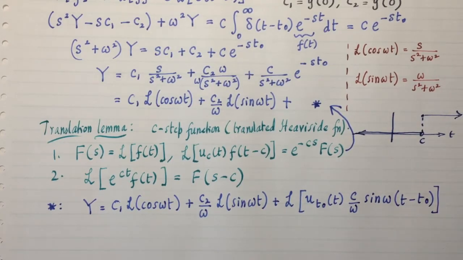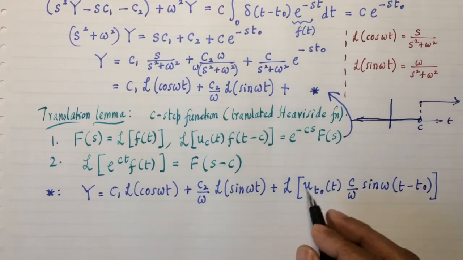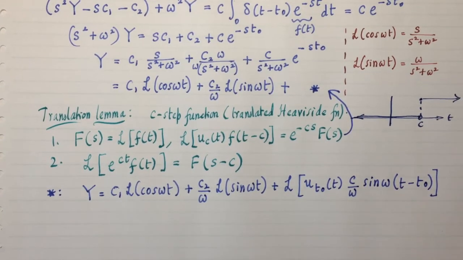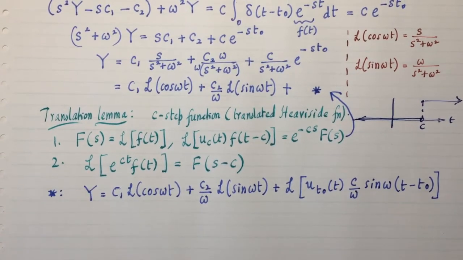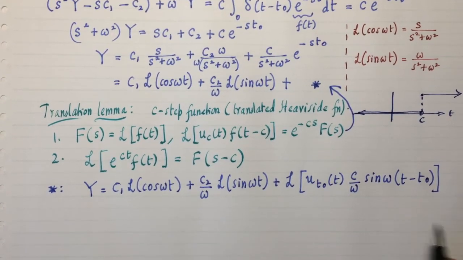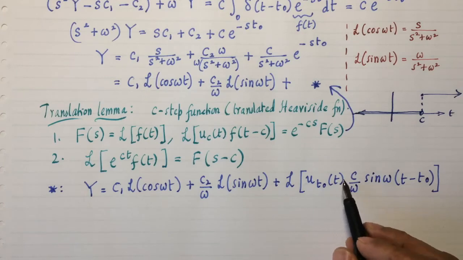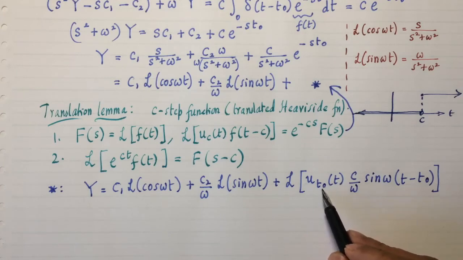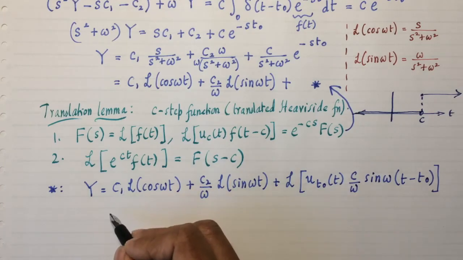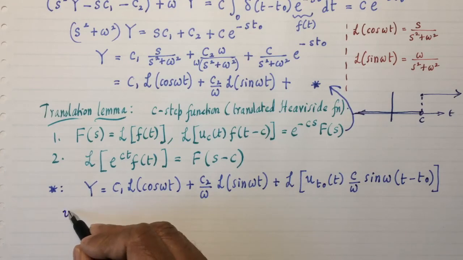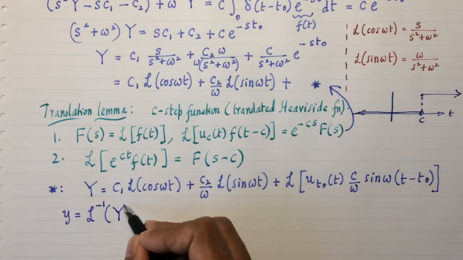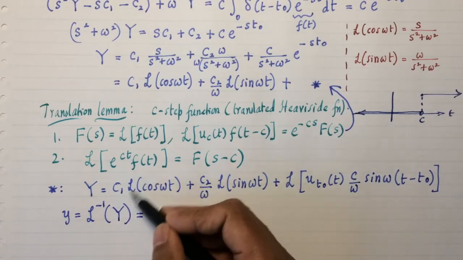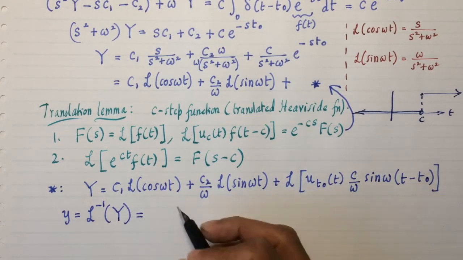Okay, now you have the Laplace transform multiplying everything. The step function only activates itself at t0. So to find y, which is the inverse Laplace transform of Y, all I have to do is remove the capital L's from all of this.